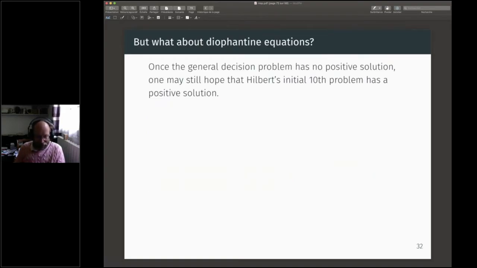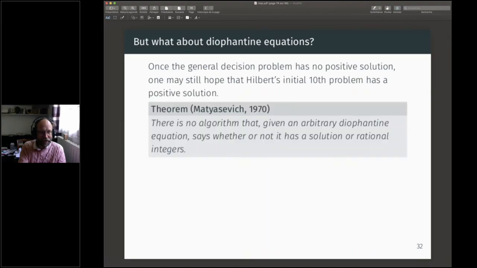Nevertheless, the decision problem which is solved negatively is a general problem. It's not the one that Hilbert asked for in 1900, and one may still hope that this problem has a positive solution. Well, maybe we could hope before 1970, because the Russian mathematician Matiasevich proved in 1970 that there is no such algorithm.